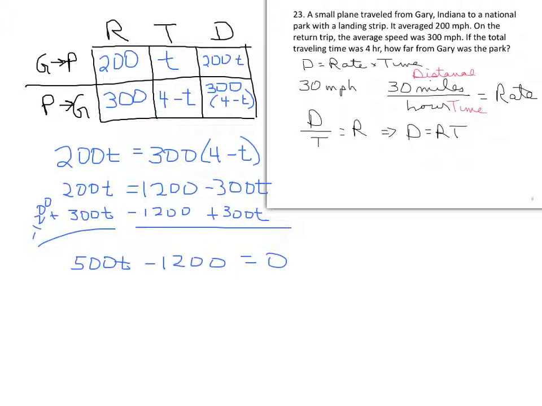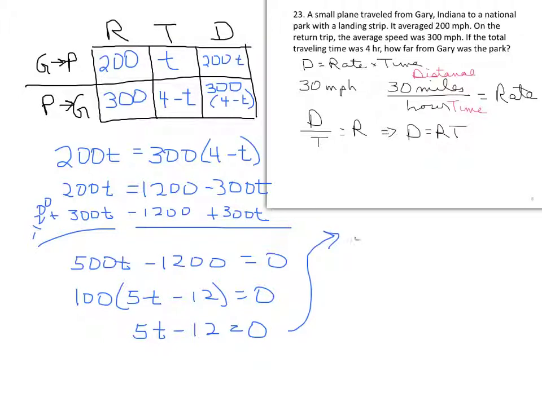So we can pull out the common factor 100, and if we divide both sides by 100, we get 5t minus 12 equals 0. So then we add 12 to both sides and we get 5t equals 12.